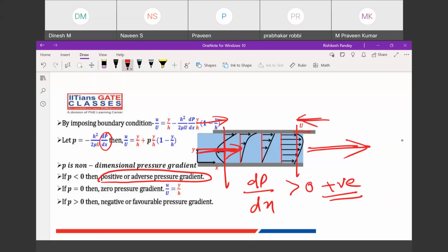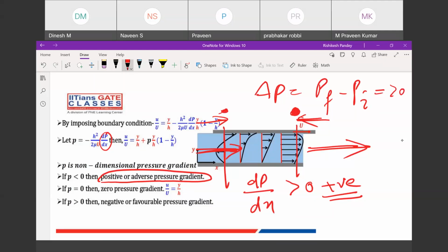So delta P is positive. Delta P is P final minus P initial. So final is this point, PF, and this is PI. Here it is higher, here it is lower. So the value will be greater than 0 only. So this is a positive pressure gradient.